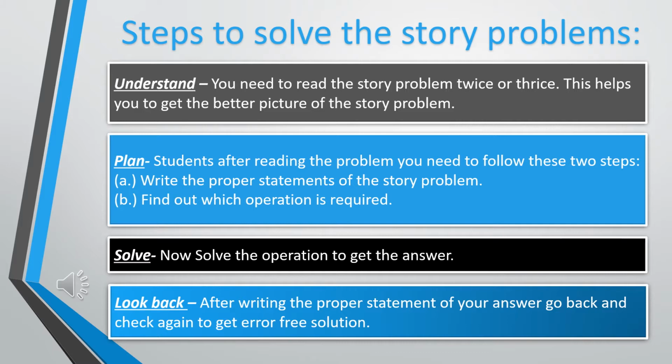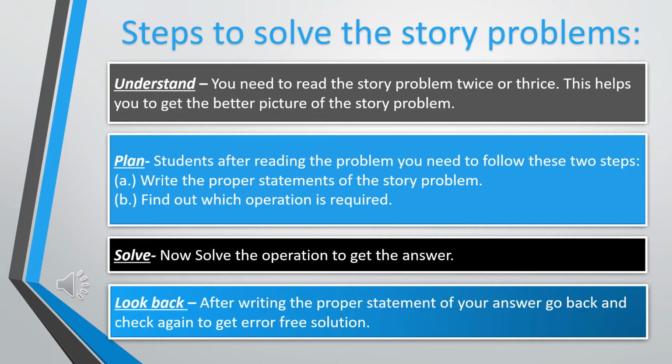So what is the first thing we have to do? Yes, first of all, it is very important to read the story sums and to understand it, what the story problem is saying about and what it's given in this story problem. Our next step is to plan. Students, after reading the problem, you need to follow these two steps.